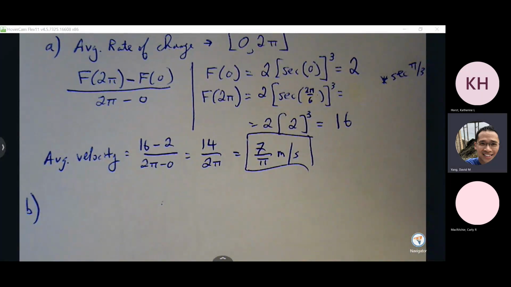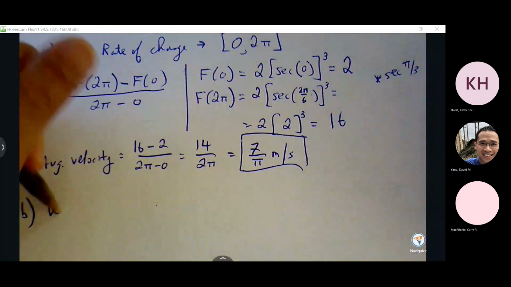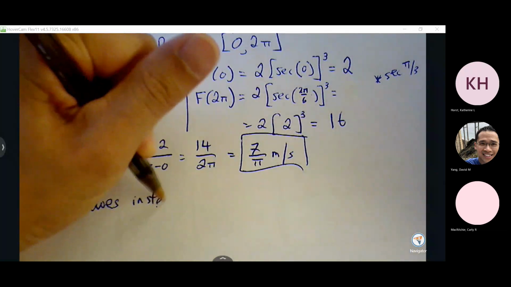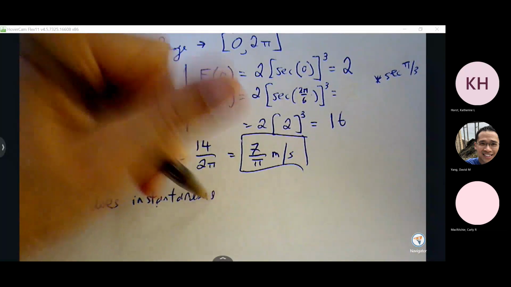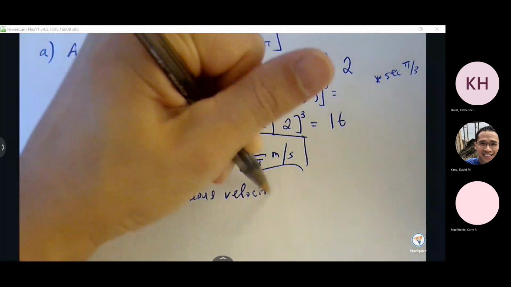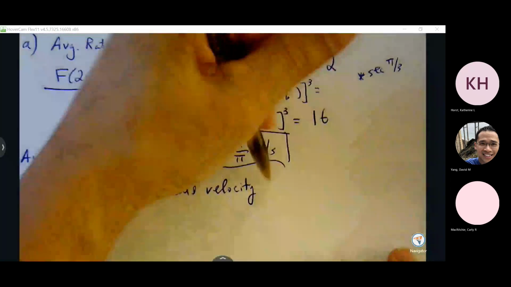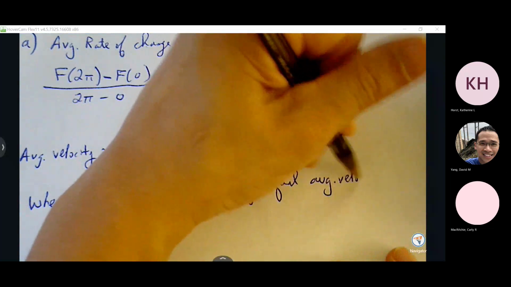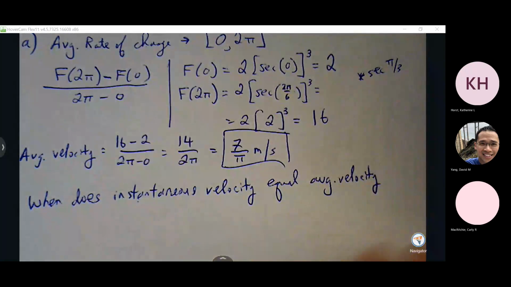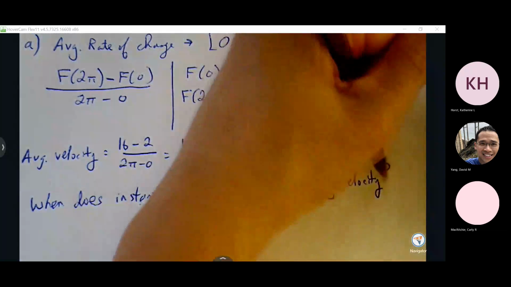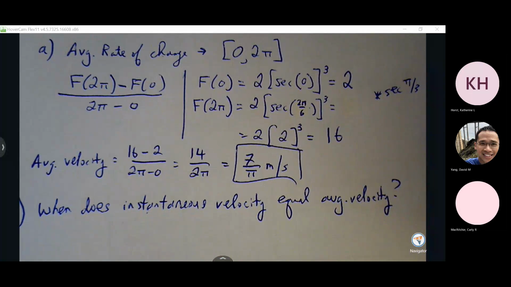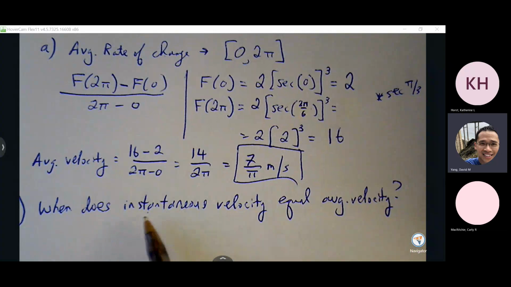For B, at what point does the instantaneous velocity equal the average velocity? So instantaneous velocity, that's just the derivative, that's just the velocity function.